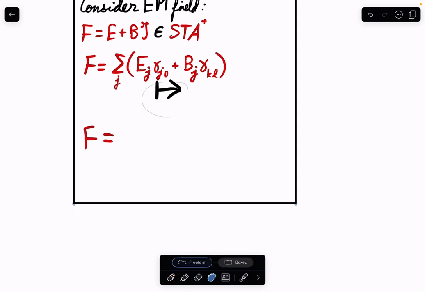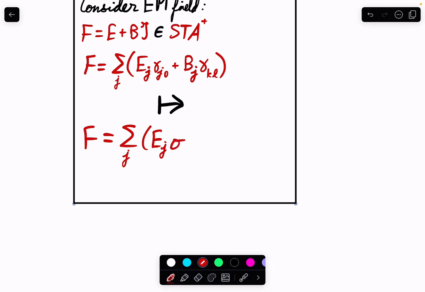Well, if you then map this out, you end up with the sum through j of E_j sigma_j plus B_j times sigma_kl, where this is a biparavector. So you have a vector component and a bivector component.